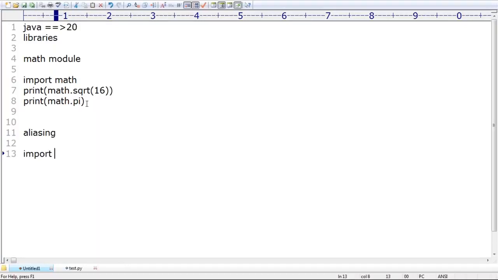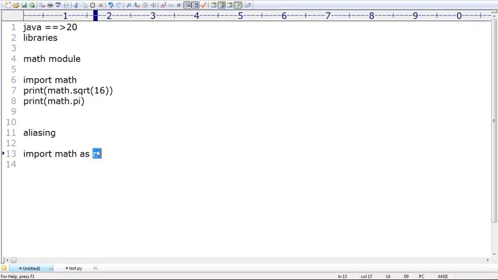So import math. Throughout the program, you need to use math dot only. Math is four letters, and I don't want to type it. So: import math as m. Now we are not required to use math; we just use m.